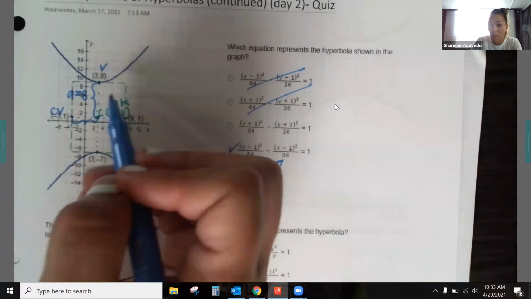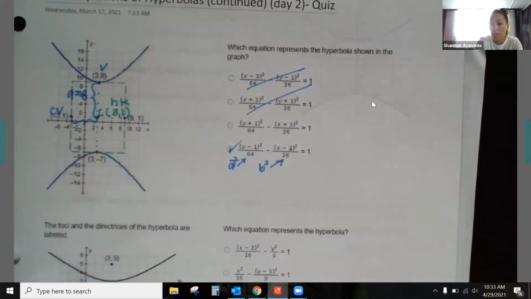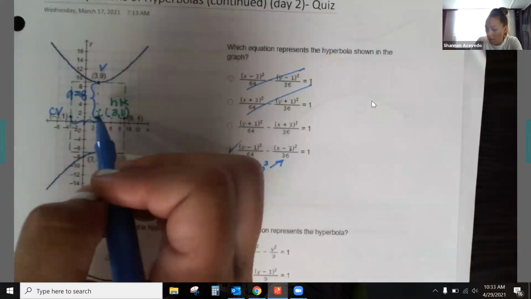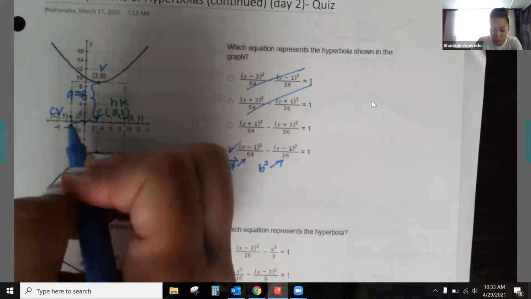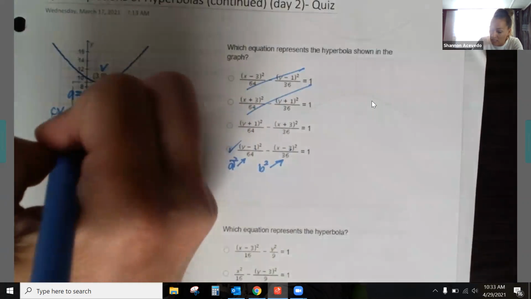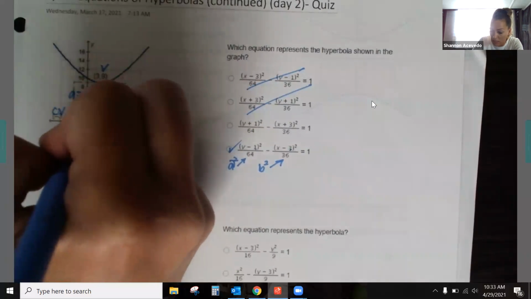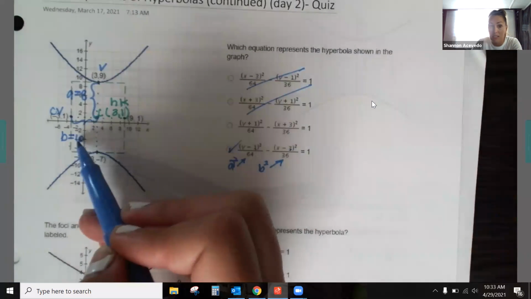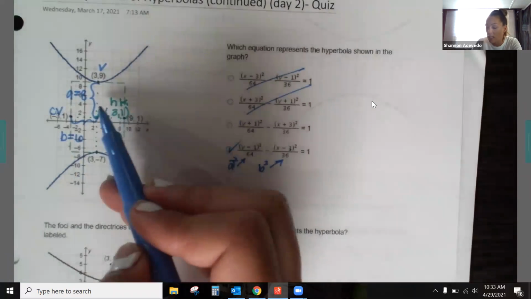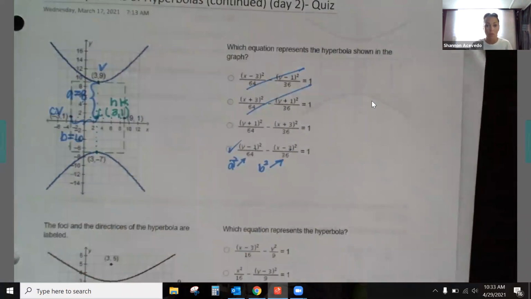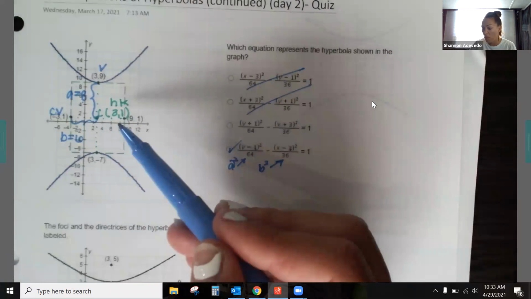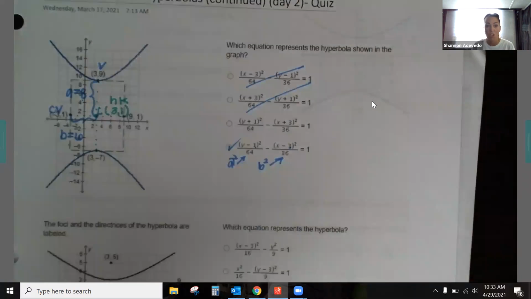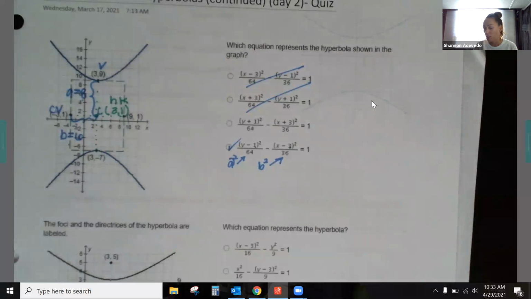The distance from 3 to a negative 3 is 6, so B is equal to 6. So I can easily see that 6 squared is 36 and 8 squared is 64. I can also look at those two values, but the only one that had the right center that matched was that last one. So you kind of knew just from that information.